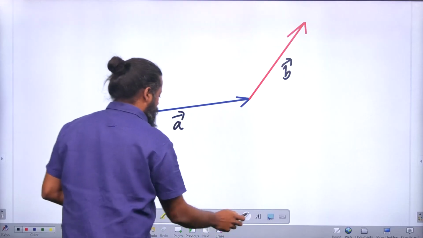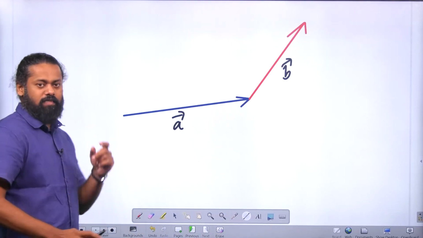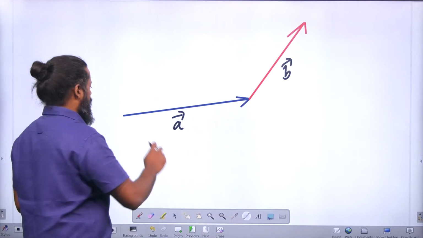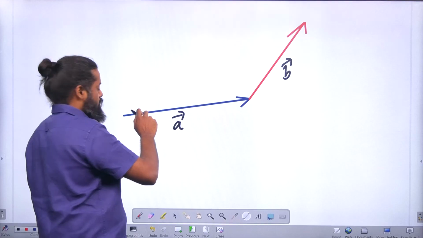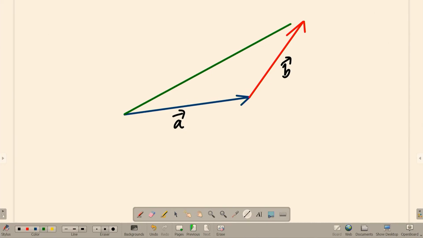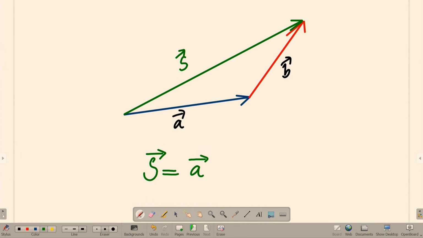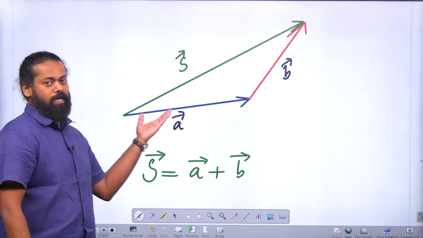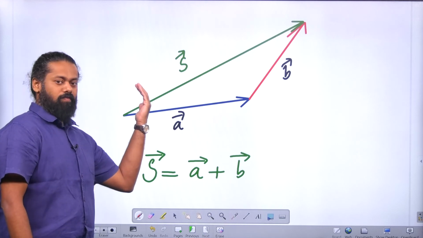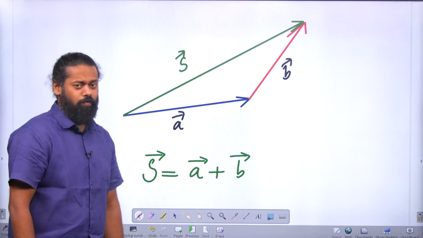How to find out the resultant? Resultant is simply drawing a line from the tail of the first vector to the head of the second vector. This is going to be the resultant vector, in our case S. So, we can say resultant vector S is going to be equal to A plus B, and including direction we can obtain it if you measure the angle from the x-axis. I hope all of you understood this.